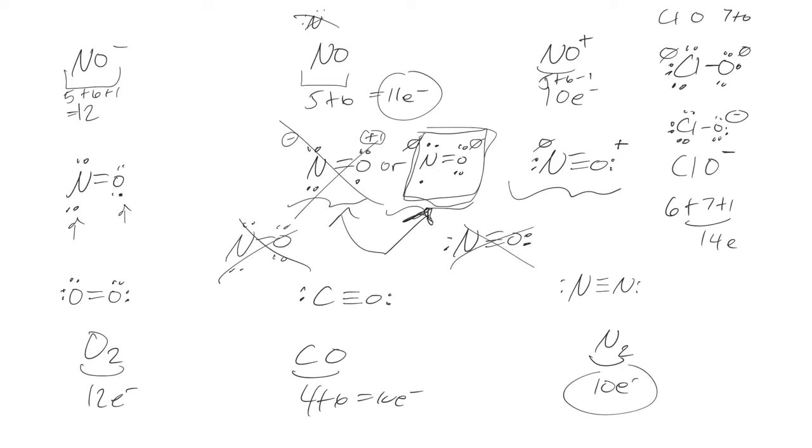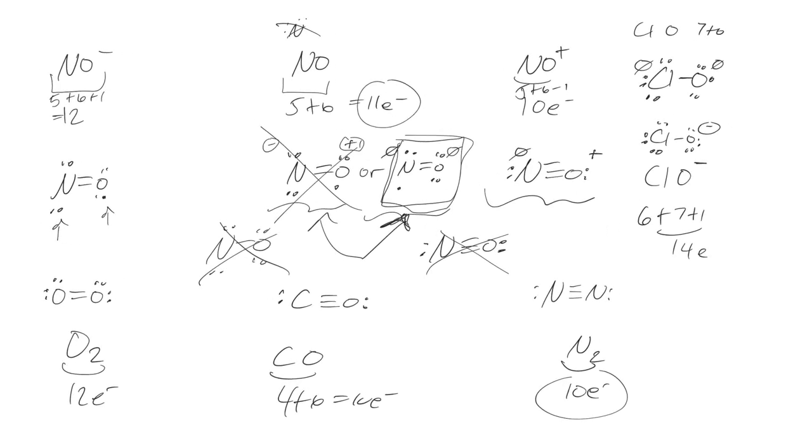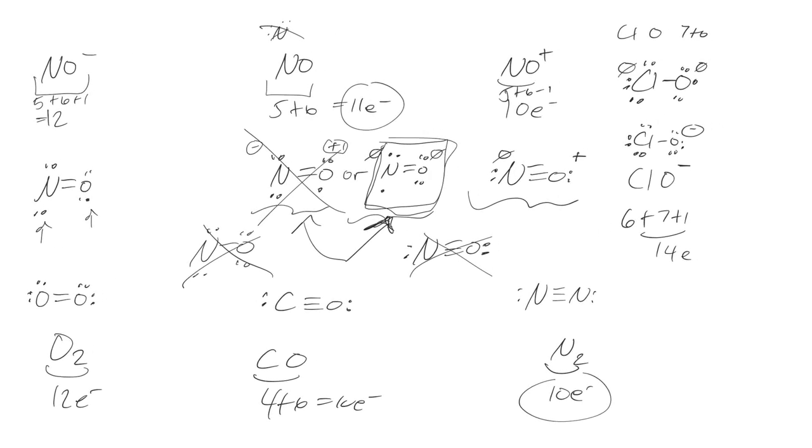One additional detail about ClO is that I think Mastering is actually looking for the wrong answer for this structure. Mastering is looking for a structure with a double bond. This one seems particularly bad to me because we're now expanding an octet unnecessarily for the chlorine atom and still violating the octet rule.